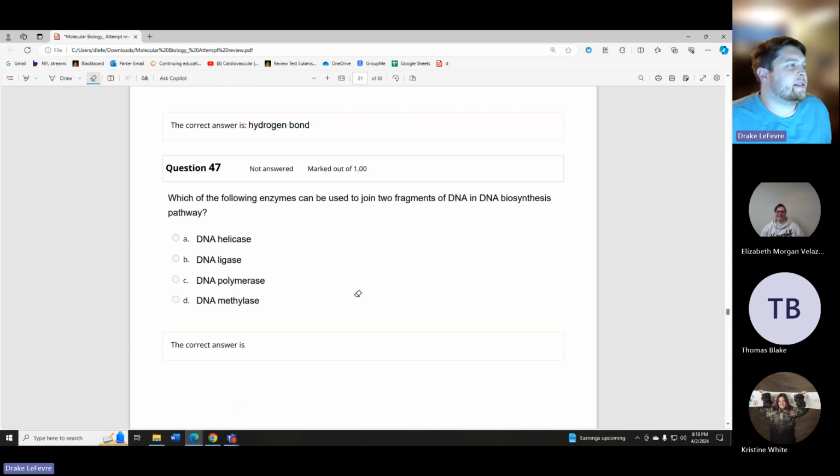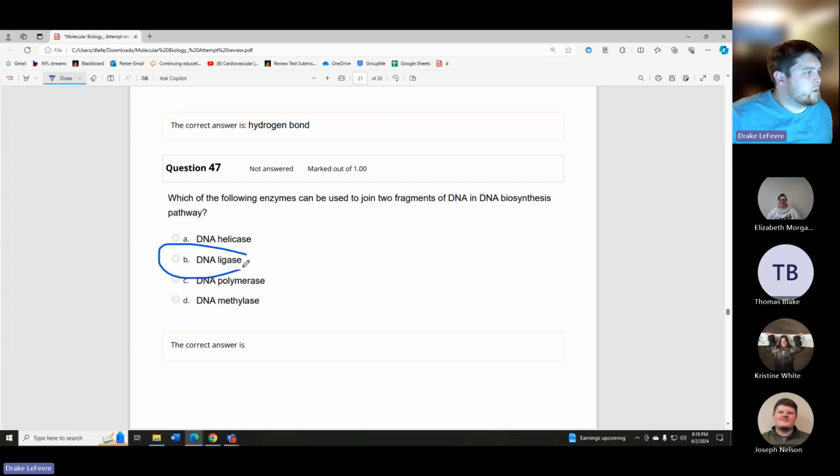Which of the following enzymes can be used to join two fragments of DNA in the DNA biosynthesis pathway? Ligase. DNA ligase. What does DNA helicase do? Based off the name, I would assume it helps to form the helixes, the turns. It does have to do with the turn.